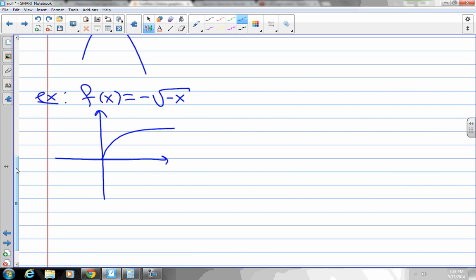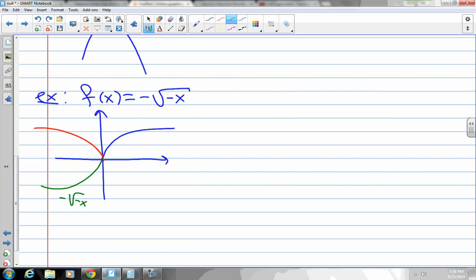So what's going to happen with that graph? It's going to flip over the y and flip over the x, right? Or it's going to flip over the x and flip over the y, regardless of the order in which you do your flipping. It's going to come here and then go, oh, I should use a different color, go there. Or you flip here and come there. It's still the same picture, right?